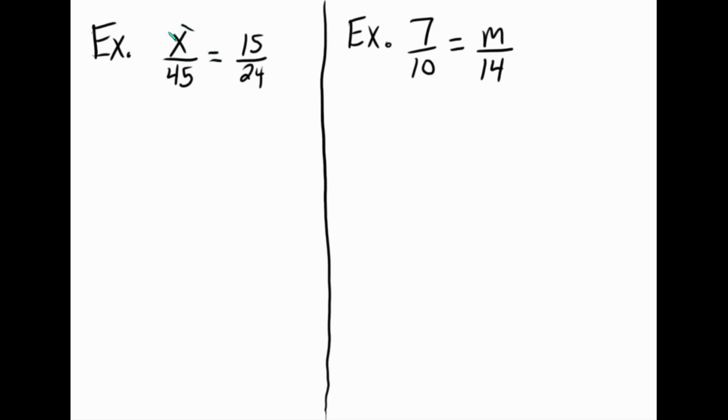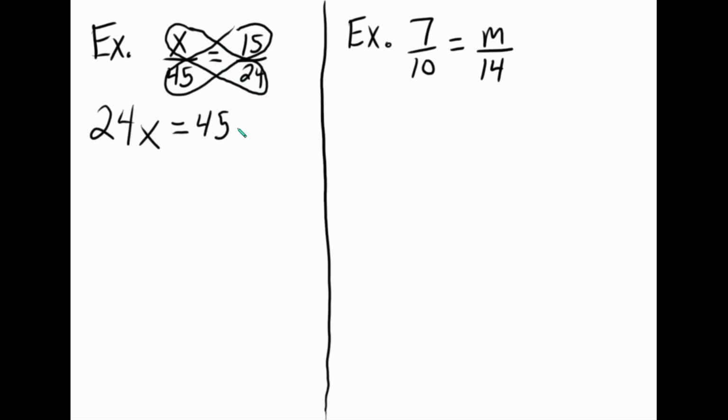So cross multiplication meaning I need to multiply the values that are across from each other diagonally. So 24 times x, I could rewrite as 24x. That has to be equal to 45 times 15. So I need to go ahead and multiply 45 times 15.